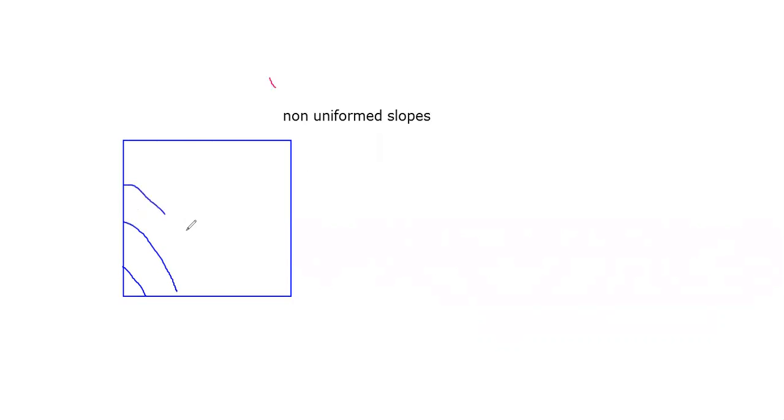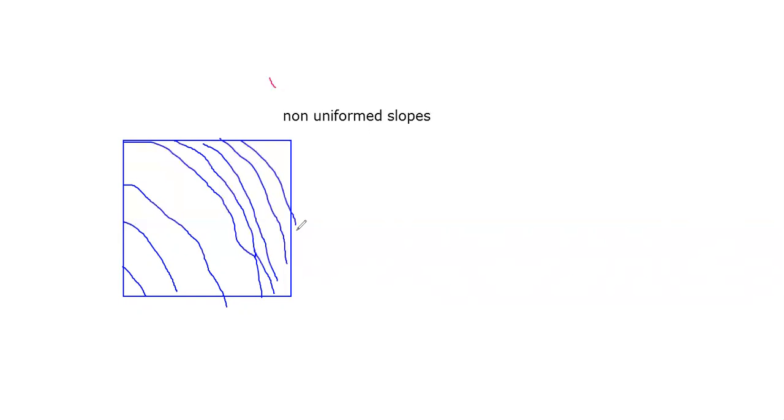Right? The contour lines have large spaces between them. Right? Until you reach that particular point where it just gets smaller, like this, smaller, smaller, smaller, smaller, right?